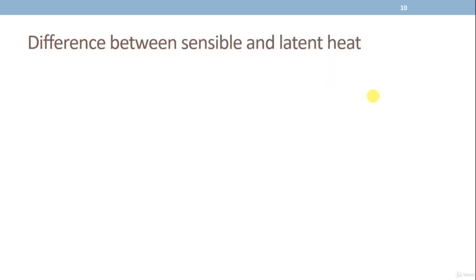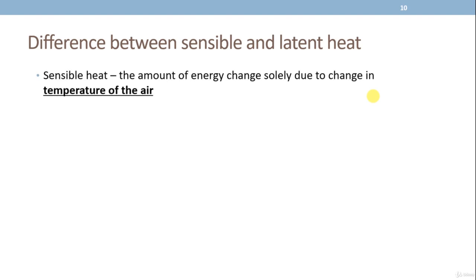So what is the difference between sensible and latent heat? Sensible heat, as we mentioned previously, refers to heat that will cause a change in temperature of the air.